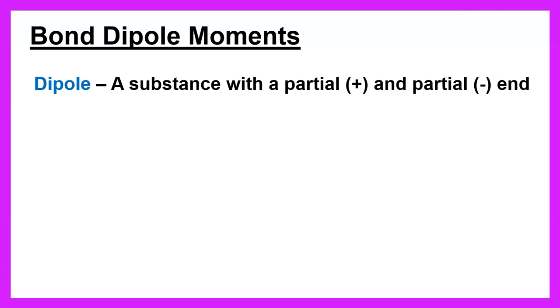If we end up with one side of the molecule having a partial positive versus partial negative, we say it has a dipole. We can measure the strength of that difference, and the directions that they all point, come up with something called a dipole moment.